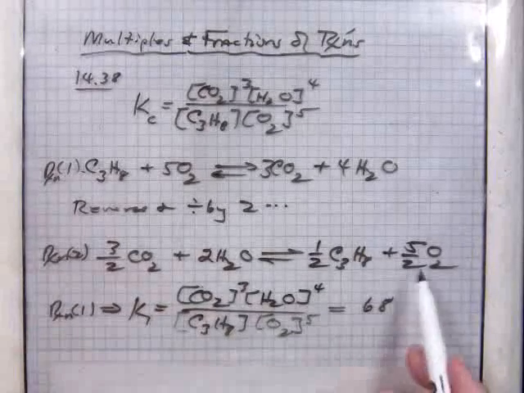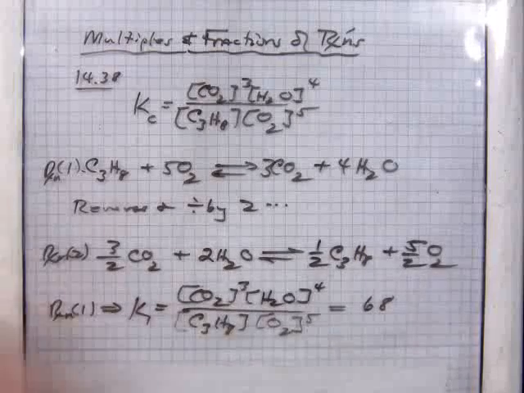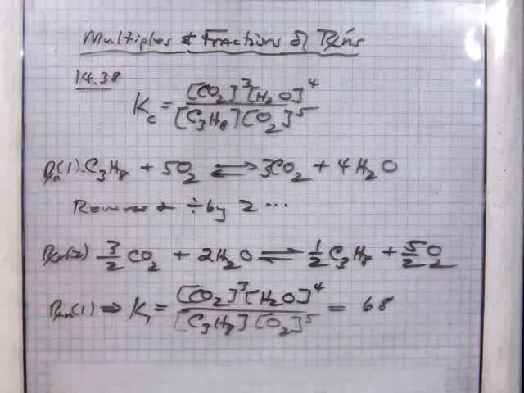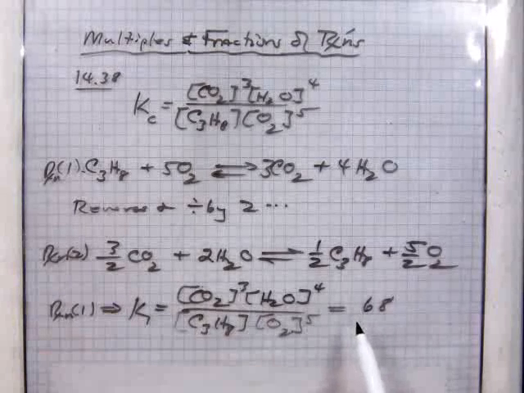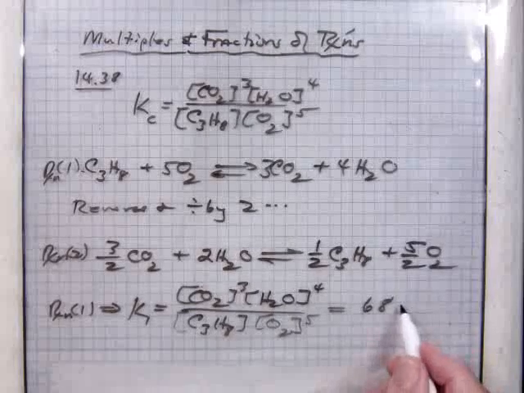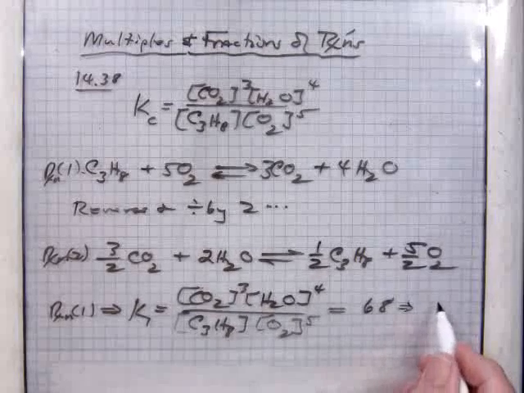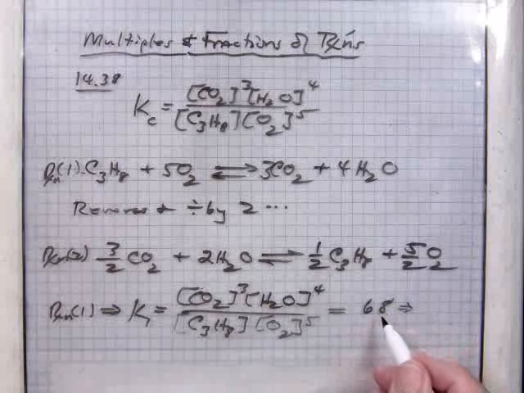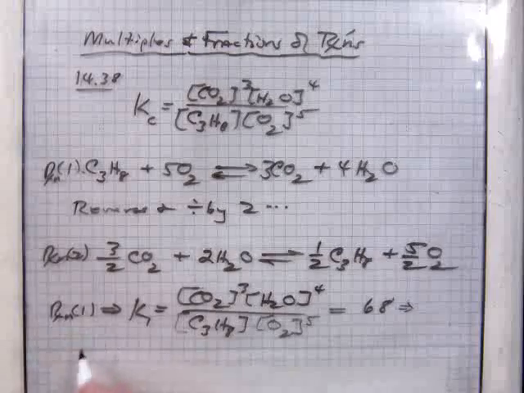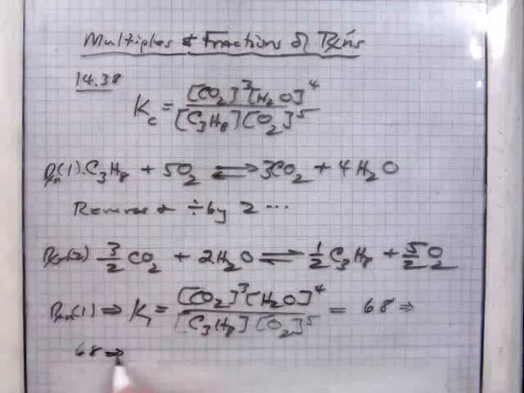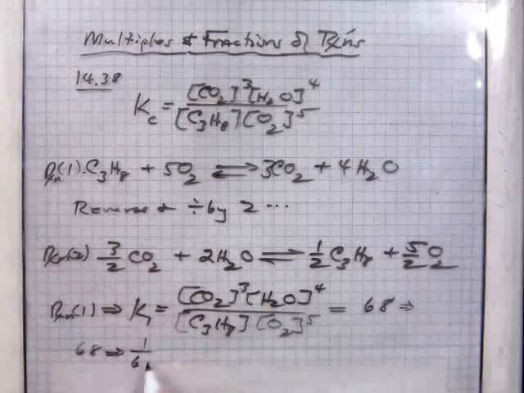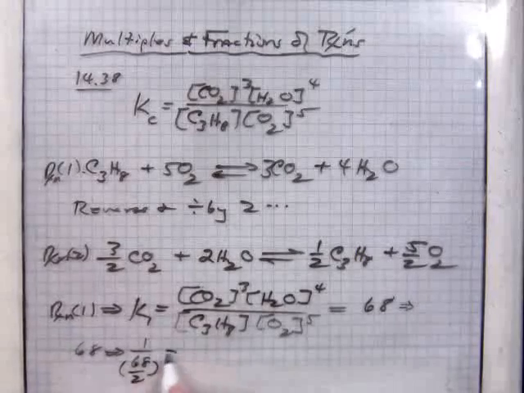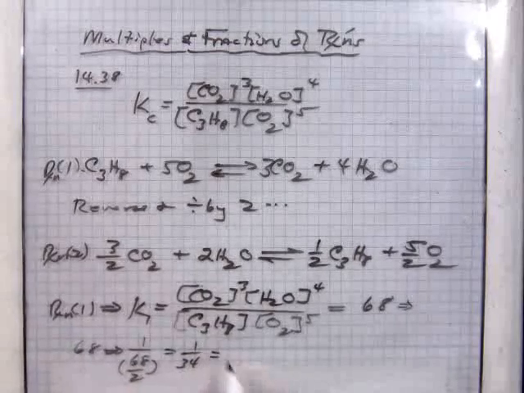What is the equilibrium constant when you reverse the reaction and divide it by 2? What you cannot do is take the reciprocal and divide that by 2. I'll show you. If I took 68, divided by 2, that's 34, and then the reciprocal of 34, that is 1 over 68 divided by 2, which is 1 over 34, and that gives you a number.